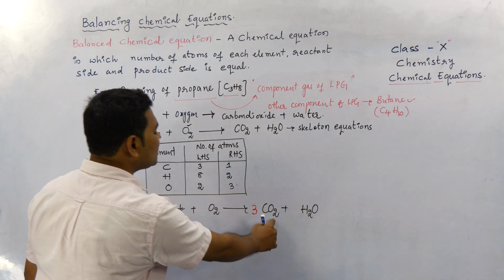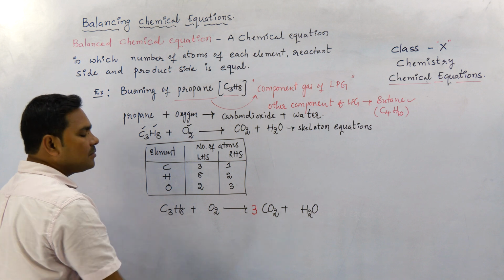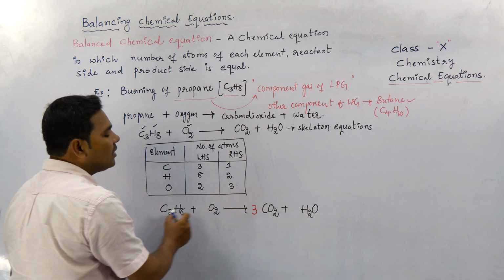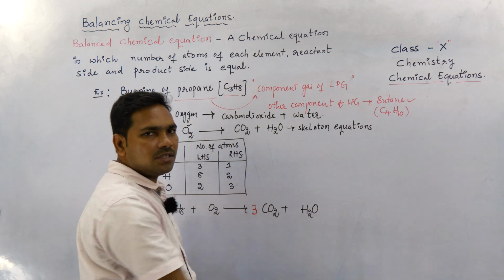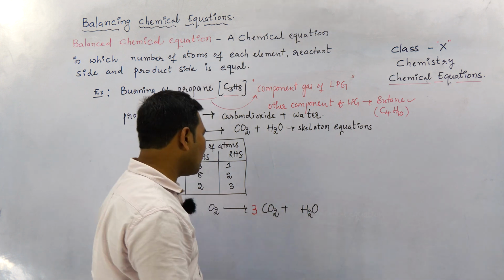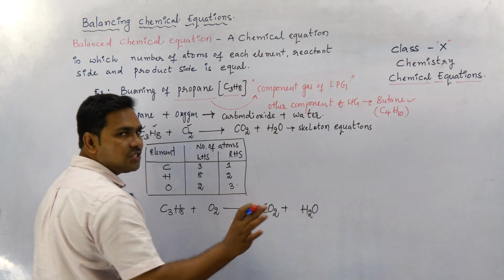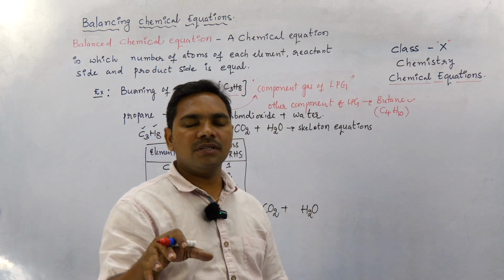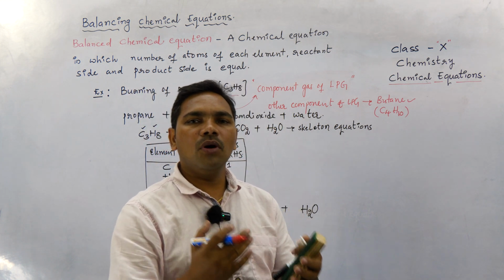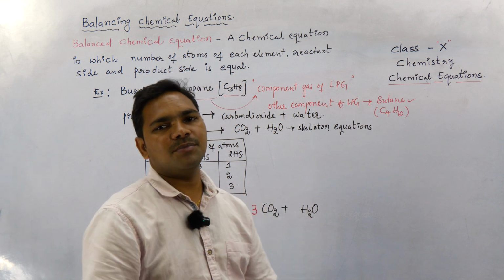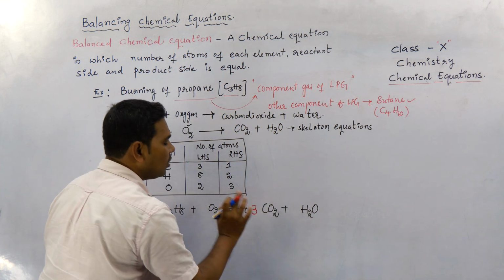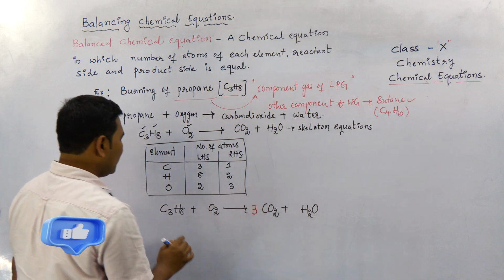So 3 carbon atoms on the right hand side, 3 carbon atoms on the left hand side. All the atoms participating here are changing their form and existing as a new substance, as a product. The coefficients can be changed. The coefficient value represents the number of molecules of the substance written. So here if I write 3, it means 3 CO2 molecules. Okay, done. Carbon is balanced.